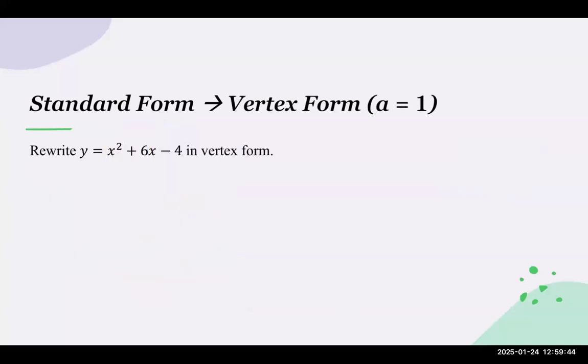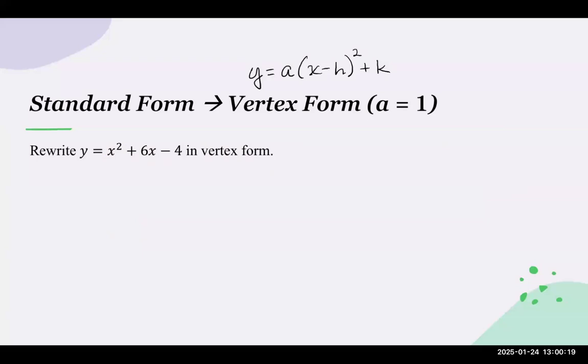All right, how about changing from standard form to vertex form? Again, little different approach depending on whether a is equal to 1 or a is not equal to 1. So let's start with a equals 1. In this case, we are trying to get this into the form of y equals an a on the outside, an x plus or minus something on the inside, and then a k being added on the outside.